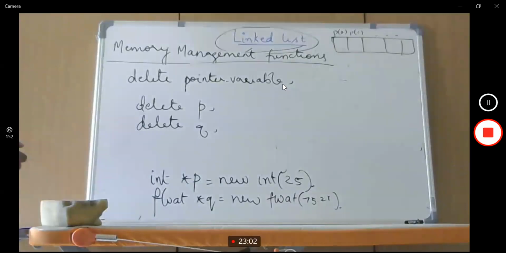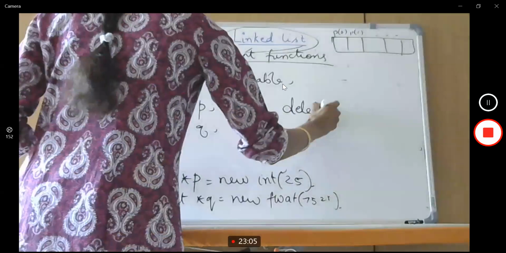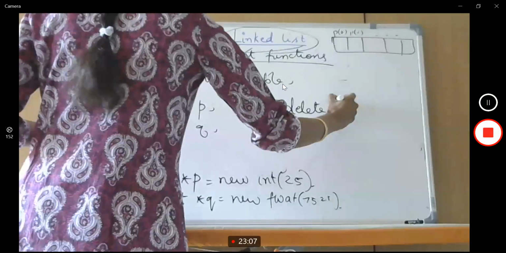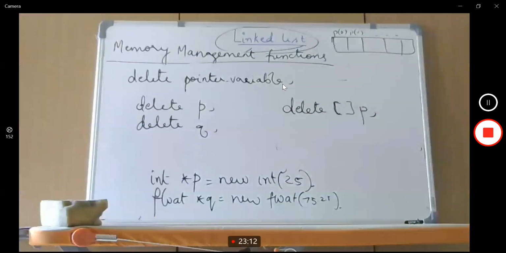If you are trying to delete an array, then you have to write delete[] and then the array, and that will release the entire array which is pointed to by p. So this is how we do it.